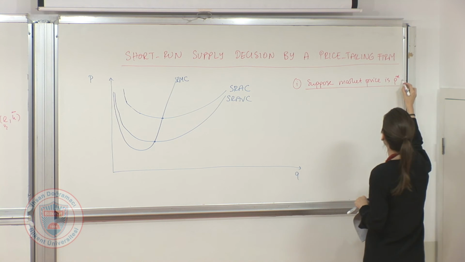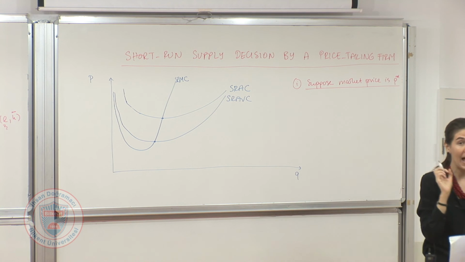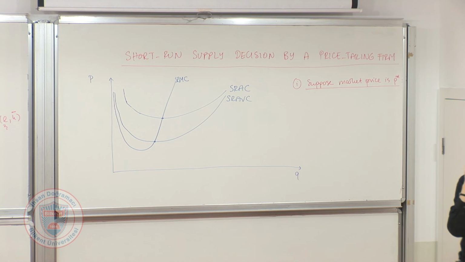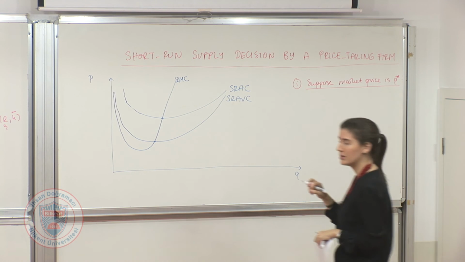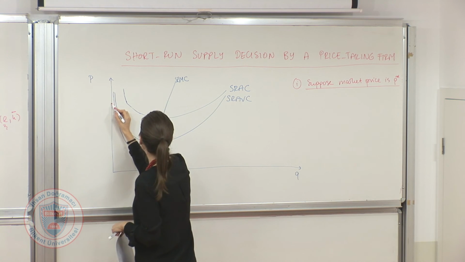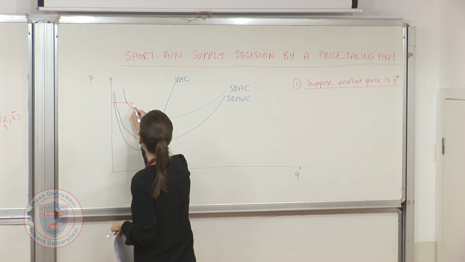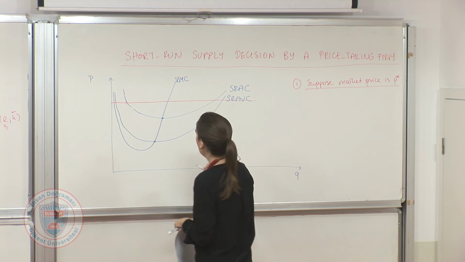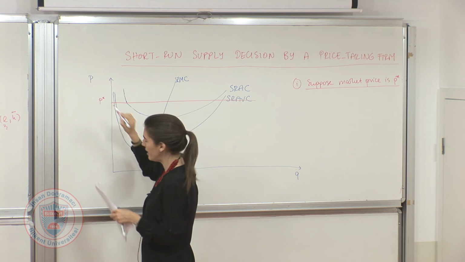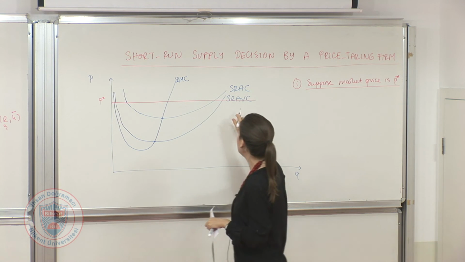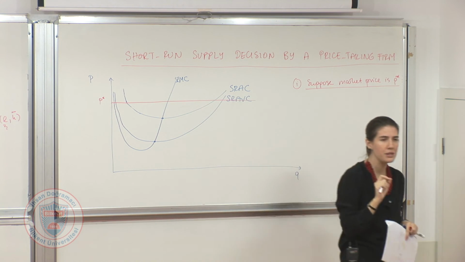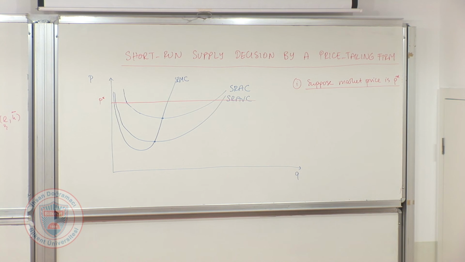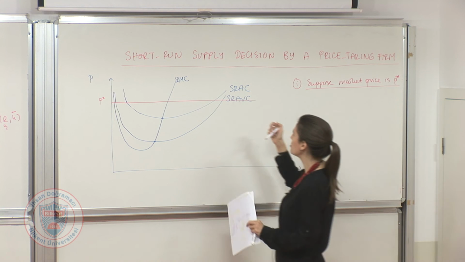Now, let's suppose the market price is P star. We said that this firm is a price taker. Then what is the demand curve that this firm faces? The price is this, right? So let's call this P star. If the firm is a price taker, P star is equal to marginal revenue, as you guys told me.